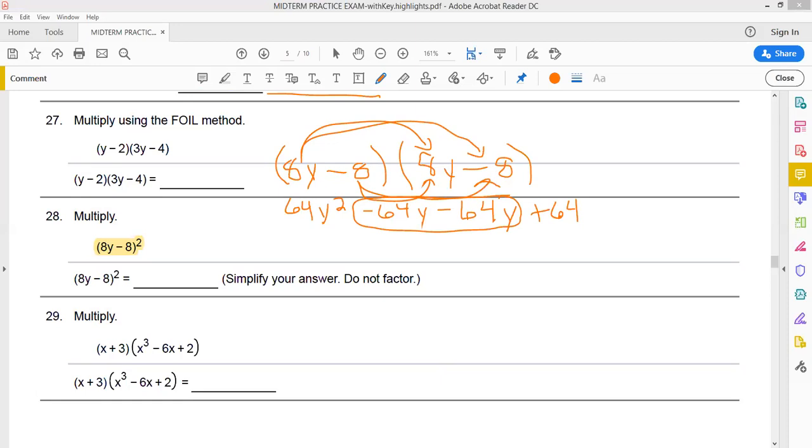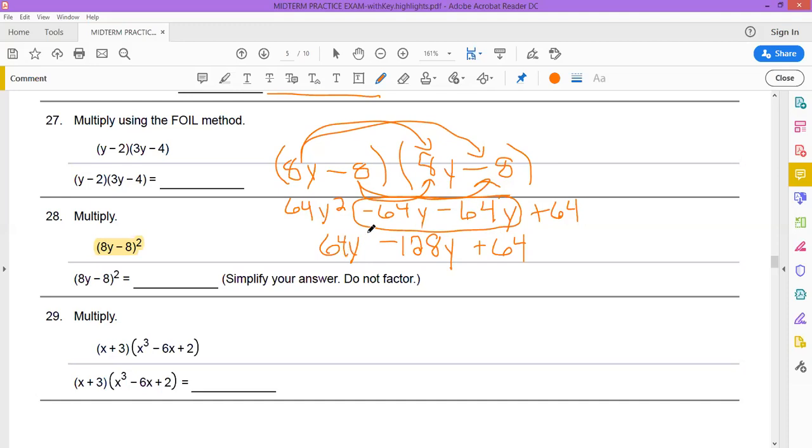We got two negative 64s. So a negative 64 minus 64 will give us negative 128y. We'll carry down the plus 64 on the end and the 64y squared in front. We get our 4 terms here, and that will be our answer. 64y squared minus 128y plus 64.